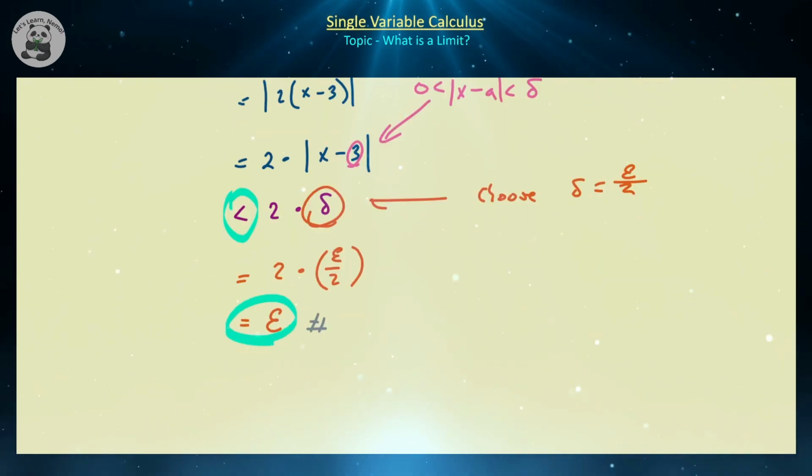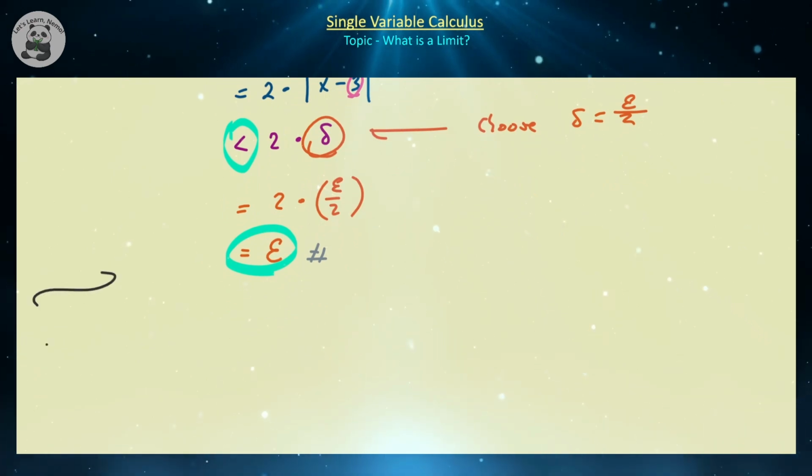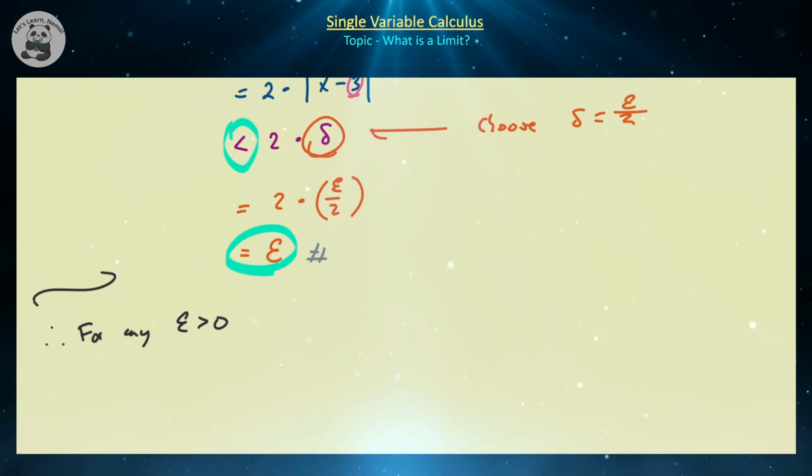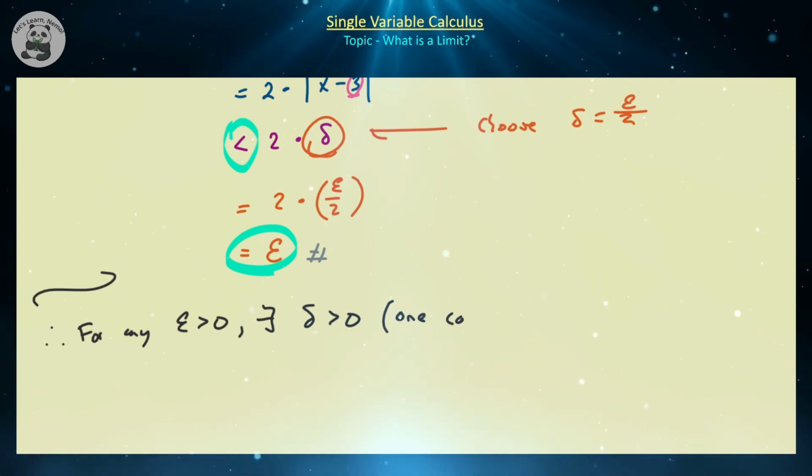So let's conclude what we've shown here. That means for any epsilon greater than 0, there exists a positive number delta also greater than 0. In this particular case, one can choose whatever epsilon value they choose, and just divide that by 2. So if they choose 10, you're going to choose 10 divided by 2, which is 5.